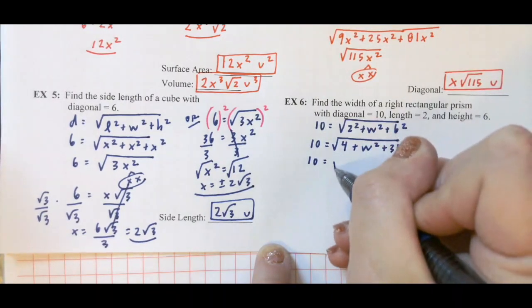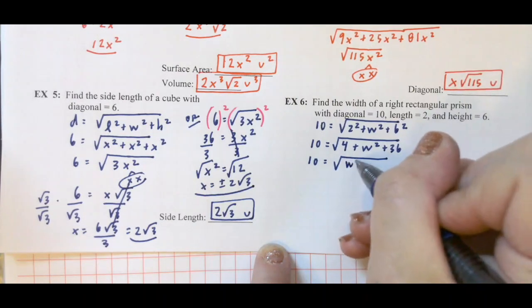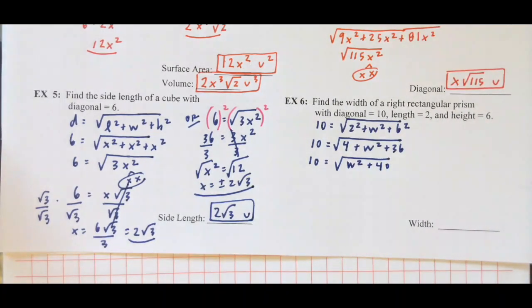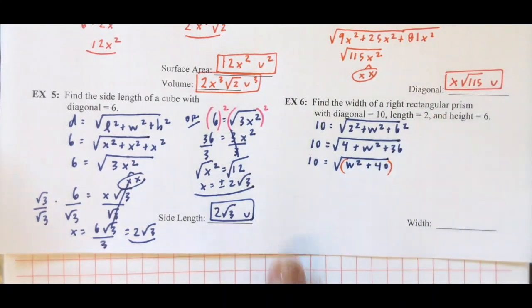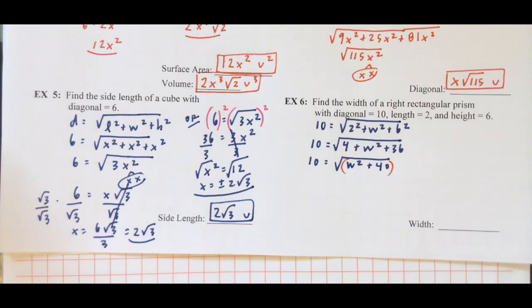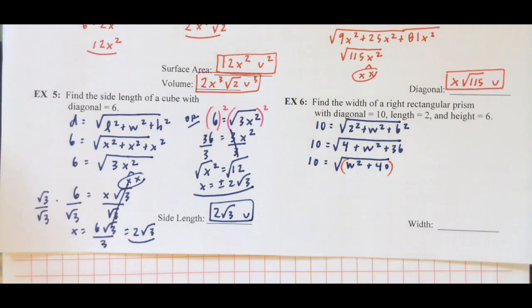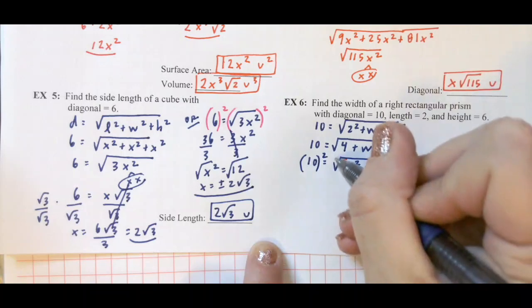Keep consolidating the like terms. So now I have 10 equals the square root of width squared plus 40. But now I'm stuck. I have to remember that what is underneath my radicand is a package. It's joined by an addition sign right here. So I have to unlock the square root by squaring both sides of my equation.